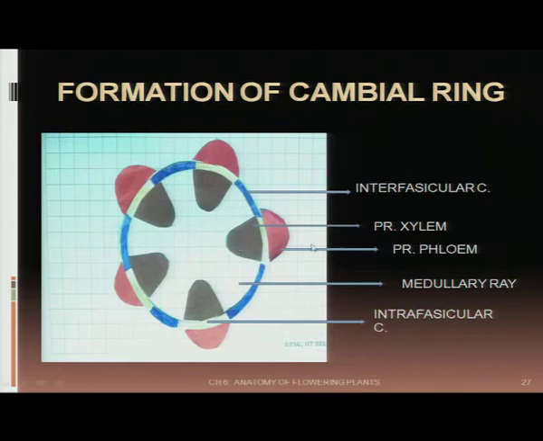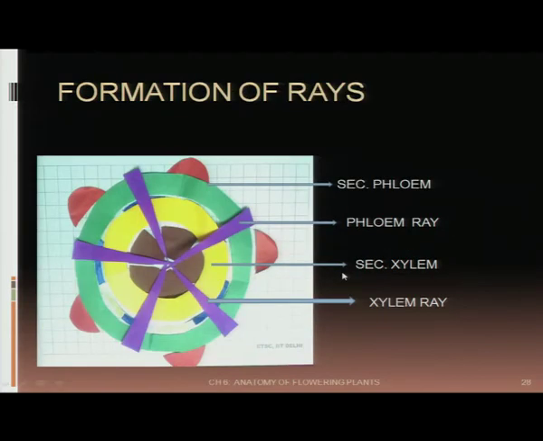The brown paper was used to show primary xylem and the red ones showed primary phloem. The places in between the vascular bundles were the medullary rays. It is a time when the secondary growth has just started and a complete cambial ring has formed.